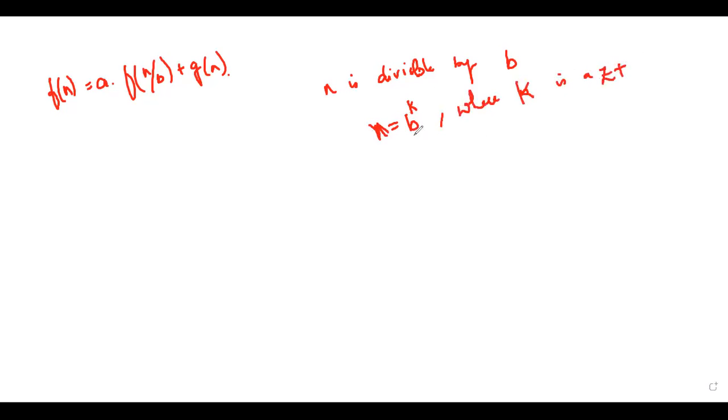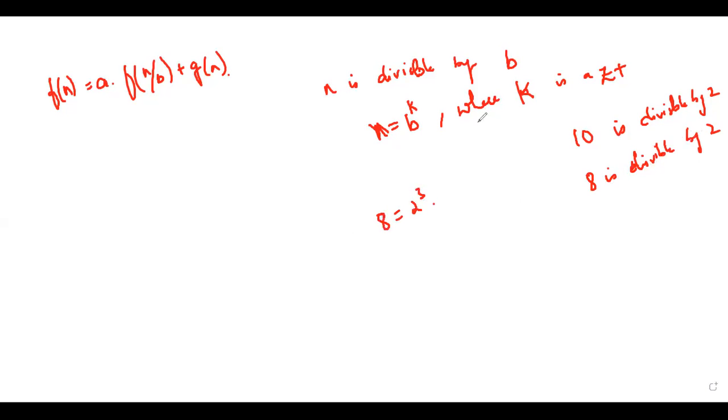Now what does n is equal to b power k mean? Suppose I say 10 is divisible by 2 or 8 is divisible by 2. Either of these means that whenever we divide 10 by 2 or 8 by 2, it gives us some integer. In the case of 8 being divisible by 2, we can see that 8 is equal to 2 cube, correct?